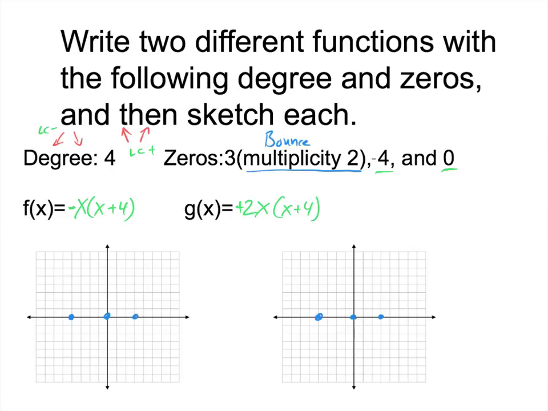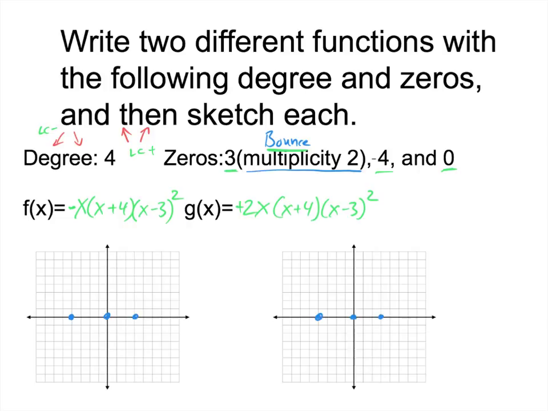All right, and then we have this 3 here, but it has the bounce. So a 3 with a multiplicity of 2 means I have x minus 3. Remember, it's the opposite of 3. But doesn't a square create a bounce? That's a multiplicity. So I have an x minus 3 squared.